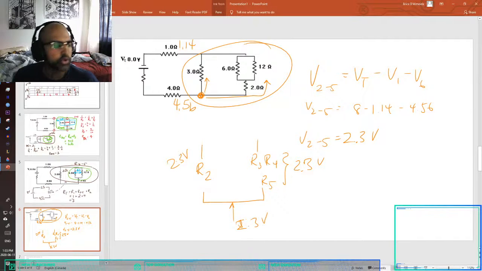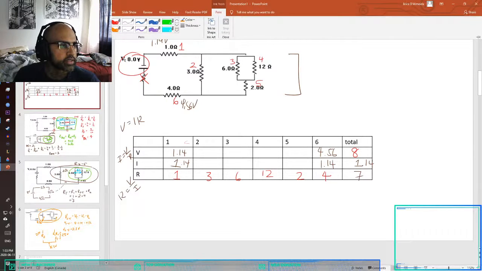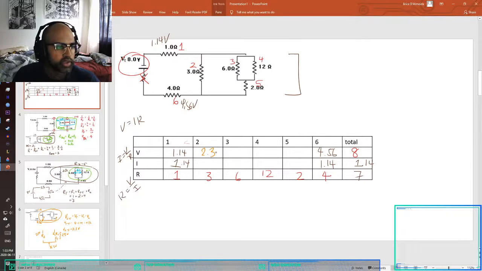So resistor 2 also has 2.3 volts. Now that we have a number here, we need to calculate how much current passes through there. The current is voltage divided by resistance. So 2.3 divided by 3, and I'm getting 0.77 amps.